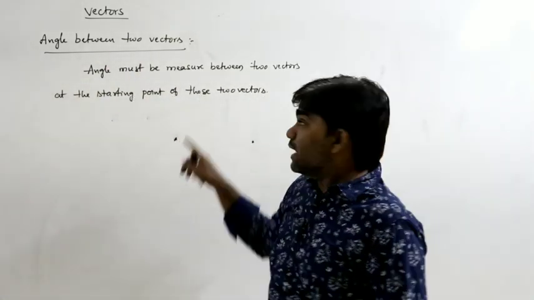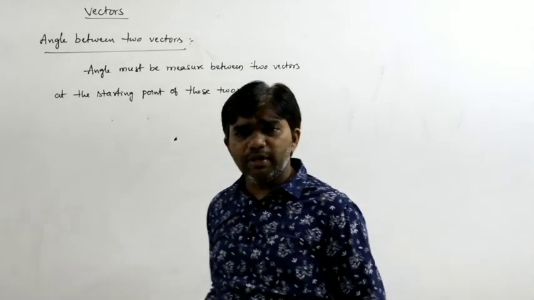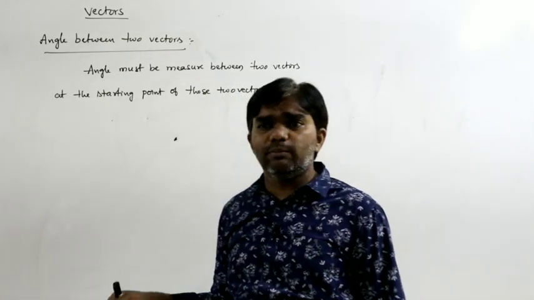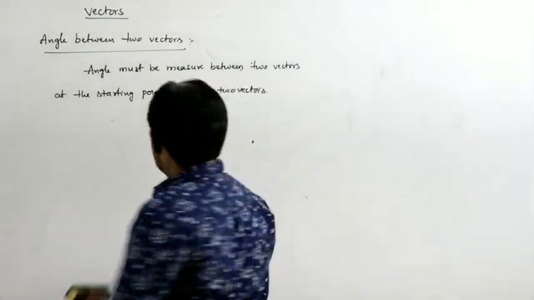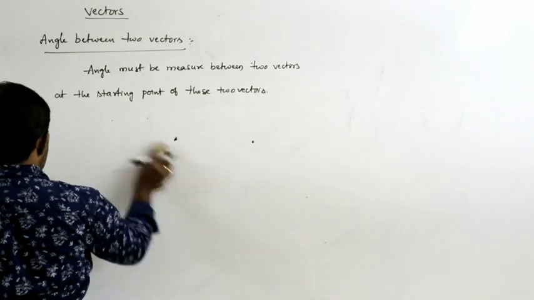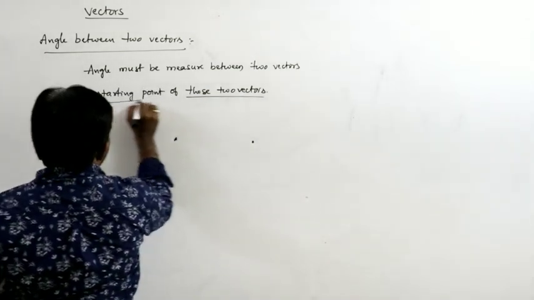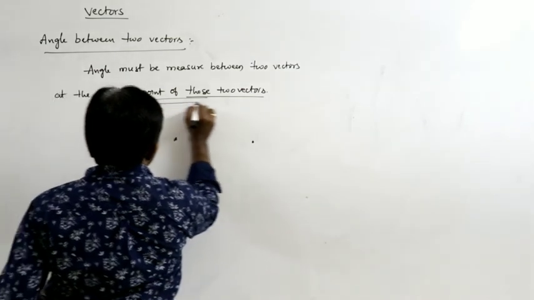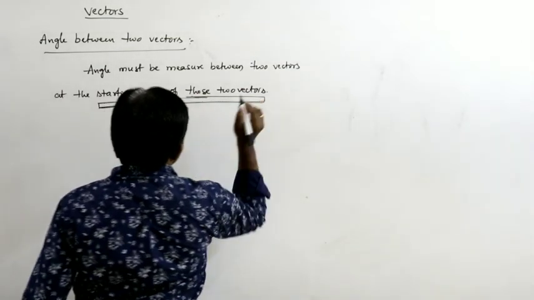At any position, the angle must be measured between two initial points. It is not measured between one initial point and one final point. The main thing is that the angle must be measured between the starting points of the two vectors. This is a must.